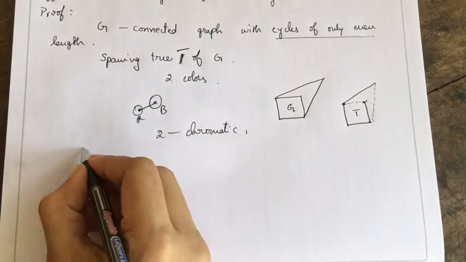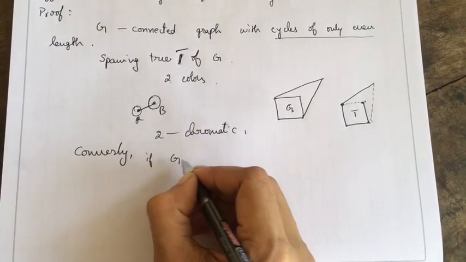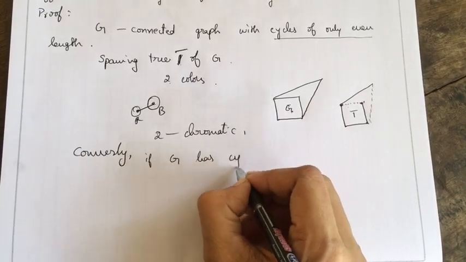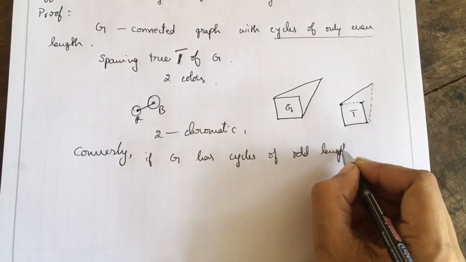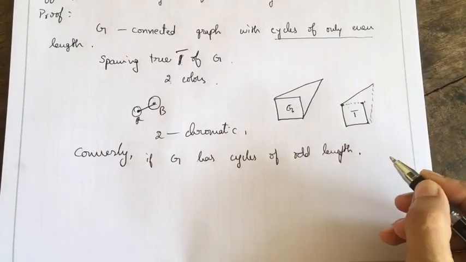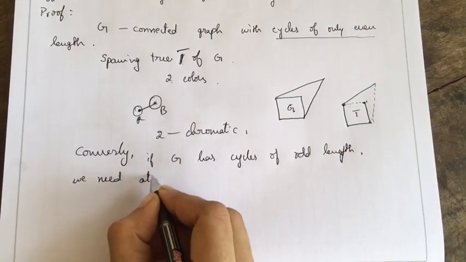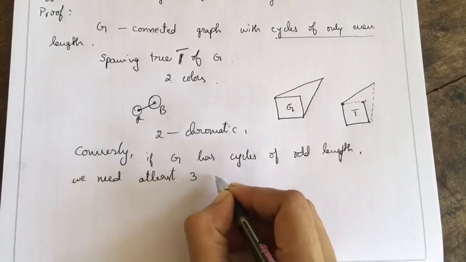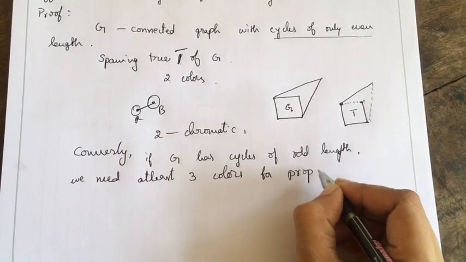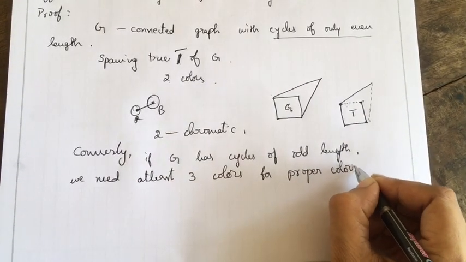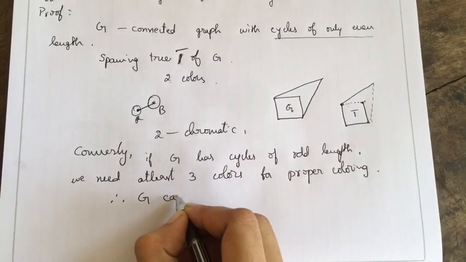Therefore, if G has cycles of odd length, the minimum possibility is having a triangle, right? We need at least three colors for proper coloring. Therefore, G cannot be two chromatic.